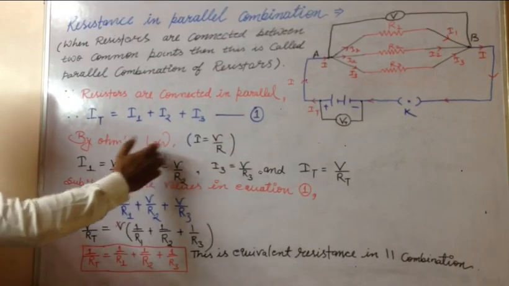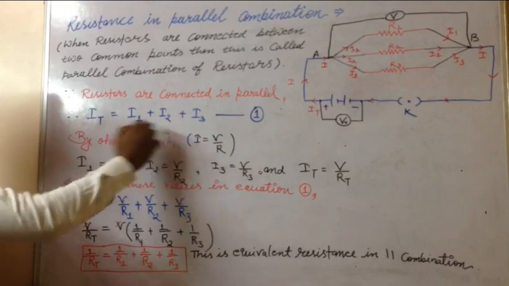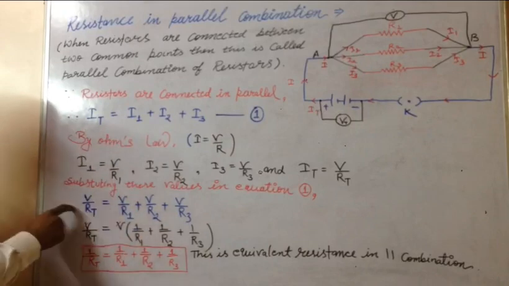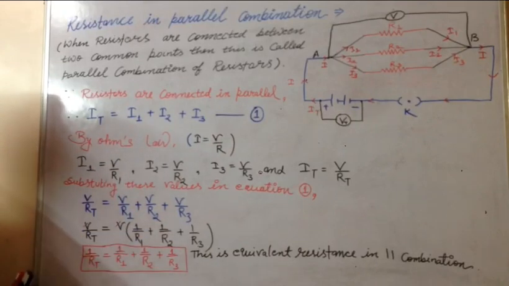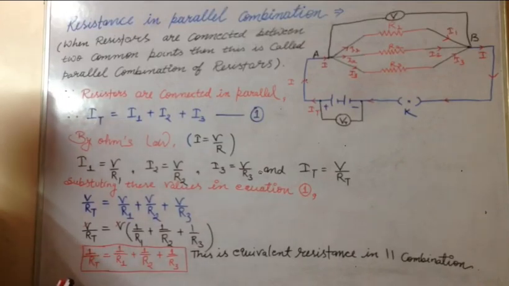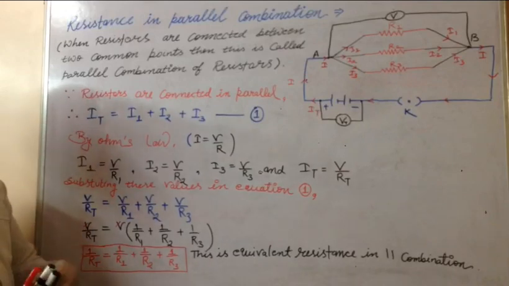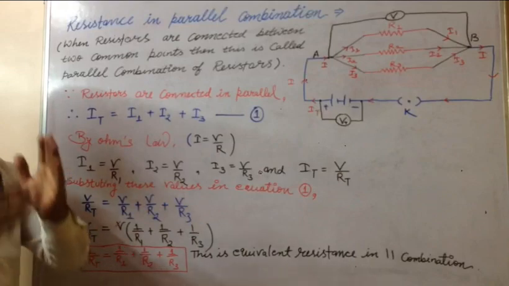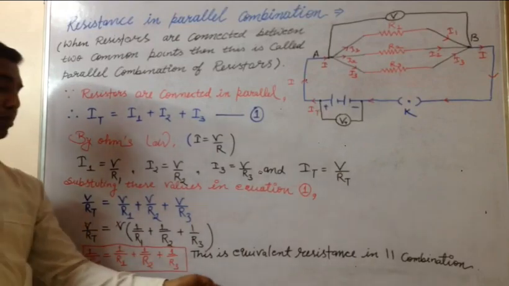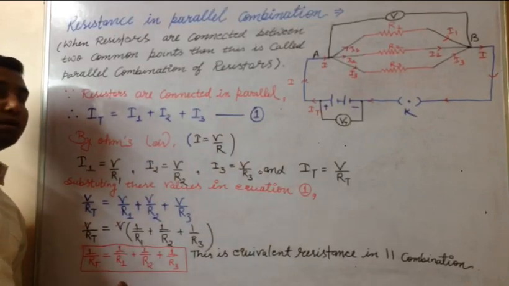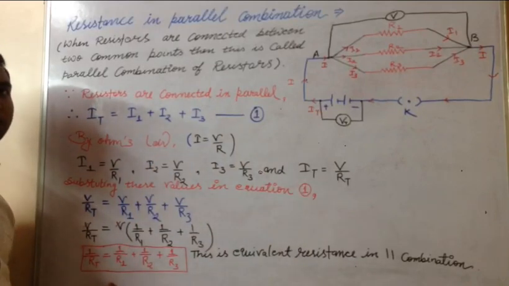By Ohm's law we calculate I1, I2, I3 and put these values in equation 1, and on putting, V will cancel. So what is left is 1 upon RT equal to 1 upon R1 plus 1 upon R2 plus 1 upon R3. This is the total resistance that we use in different numericals of parallel combination of resistors to find the resultant value. I hope this is clear. Now we will solve numericals based on this expression or relation.